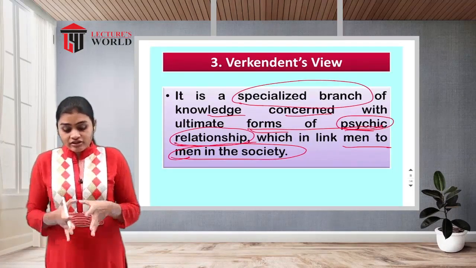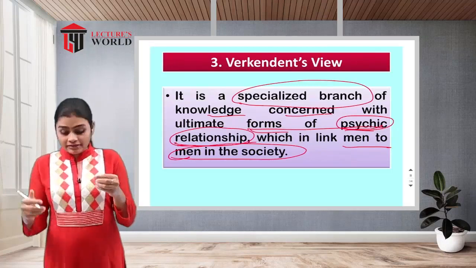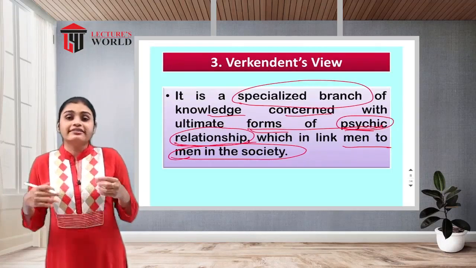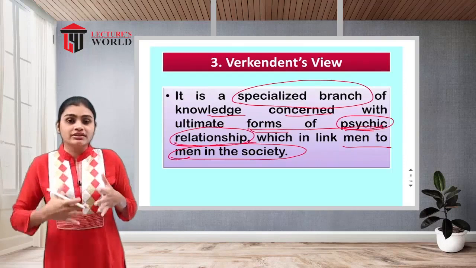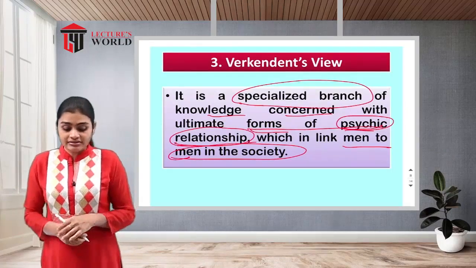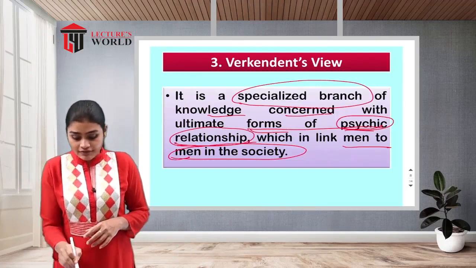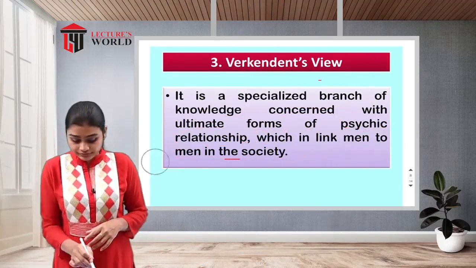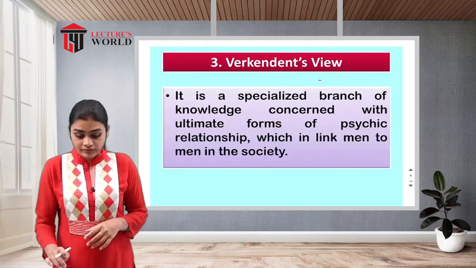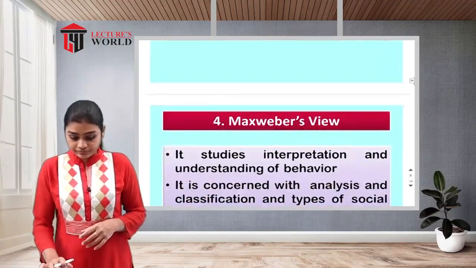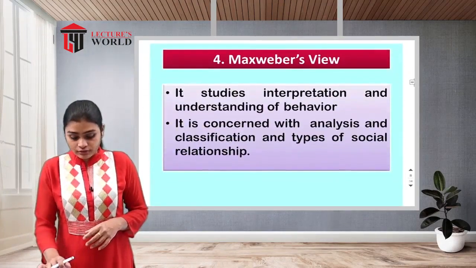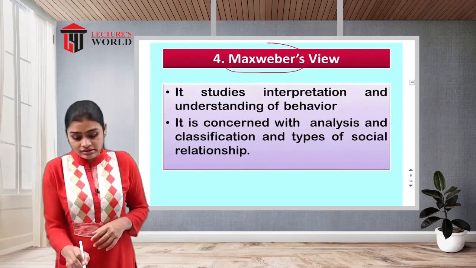So the knowledge which is concerned with all the psychic relationships that link one man with another man, that is the view of Vierkandt. After this, Vierkandt's view, another sociologist is Max Weber.